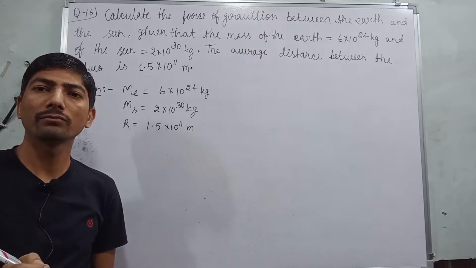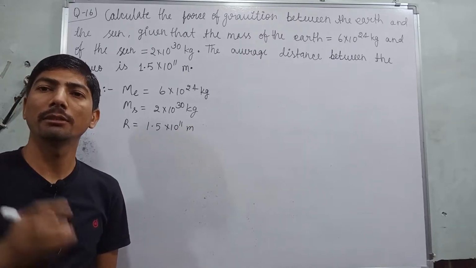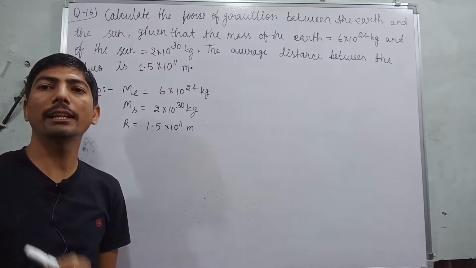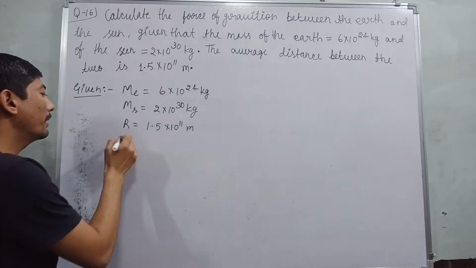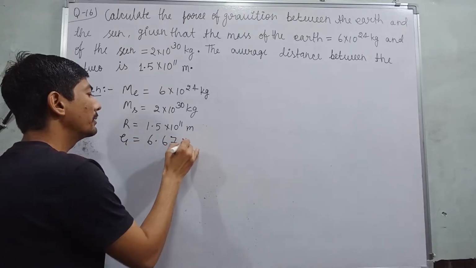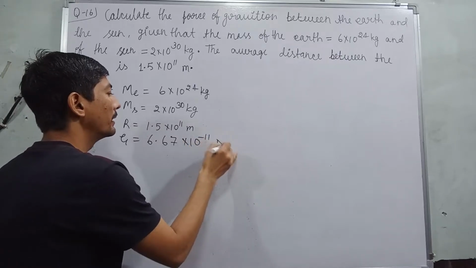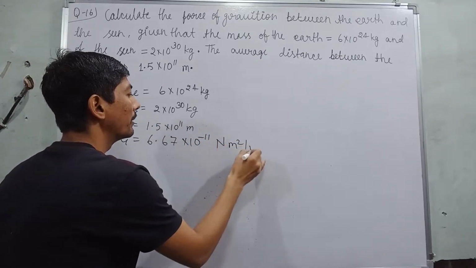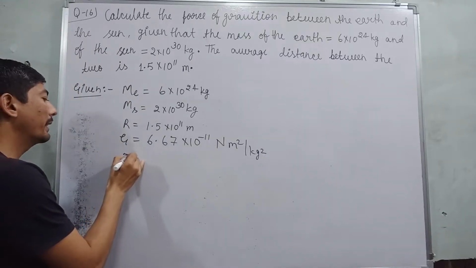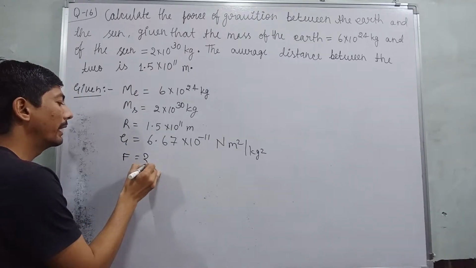The third thing, which is not given in this question but still you know it, is capital G, the universal gravitational constant. The value of capital G is 6.67 into 10 to the power minus 11 Newton meter square per kg square. This is the value of capital G. We need to find out the force between them, F.